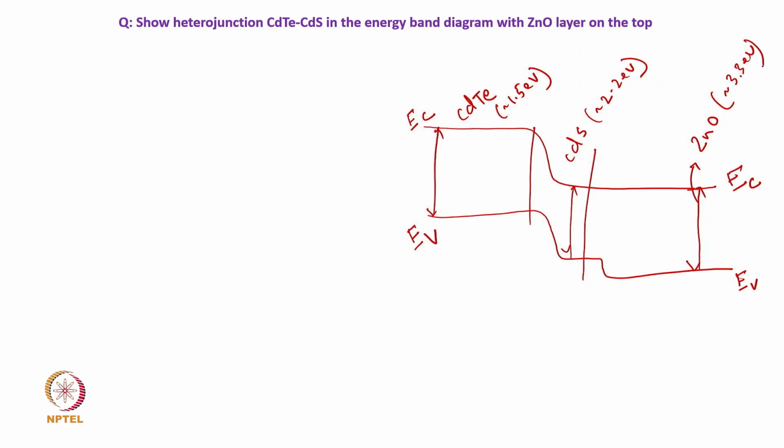They are not to scale, but this is what I would like to show of how this junction forms. The advantage with this junction is that a lot of light gets transmitted through zinc oxide. Because of its very large band gap, it works as a very good window. And eventually, this is the junction region where photons crossing the zinc oxide layer come to the junction and make it an efficient solar cell.